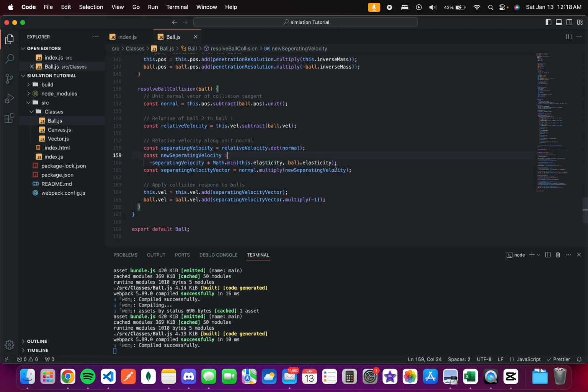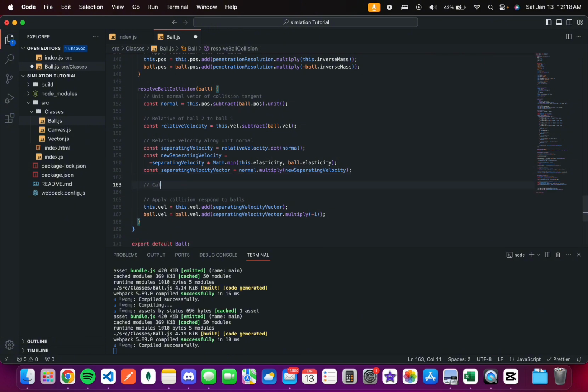So it chooses the lowest elasticity between the balls, so that it uses it to multiply the new separating velocity. And this new separating velocity is essentially VF. This is VI, this is VF. And essentially it's used to calculate the impulse by using its difference.